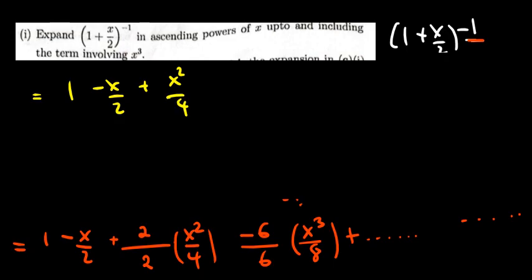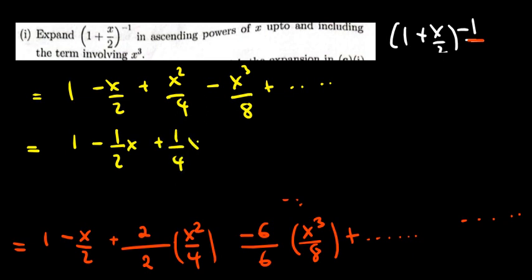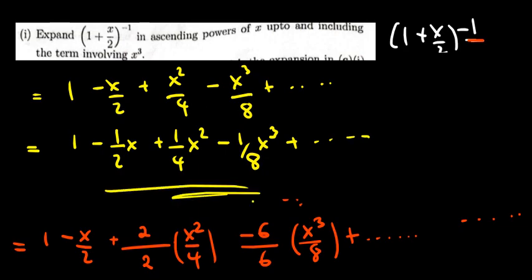Then negative 6 divided by 6 gives negative 1, over 8, plus so on. So we end up with the term involving x cubed, which is that last term. I can write this as 1 minus 1 over 2 x, plus 1 over 4 x squared, minus 1 over 8 x cubed, plus so on. This is where I end with the expansion.